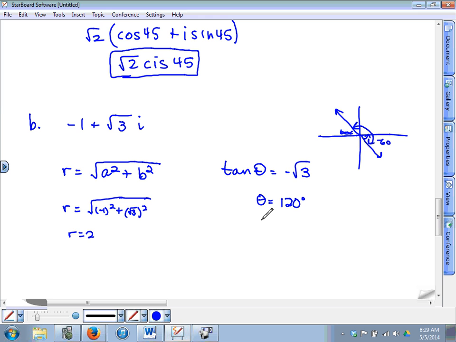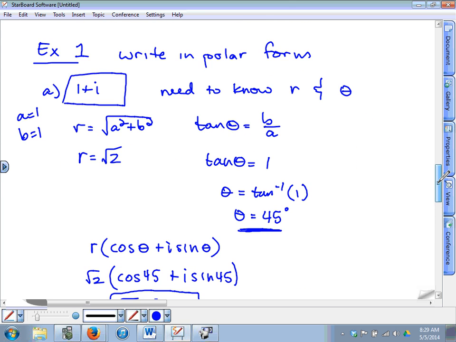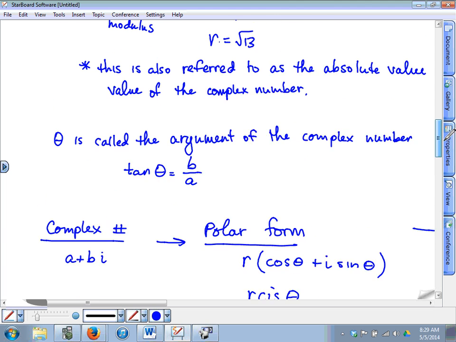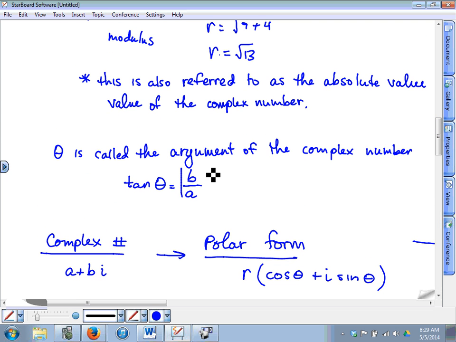You know what? Well, I don't want to confuse anybody. I don't really like what our textbook does with this. What most college textbooks do is they do this: the tangent of theta is the absolute value of b over a.